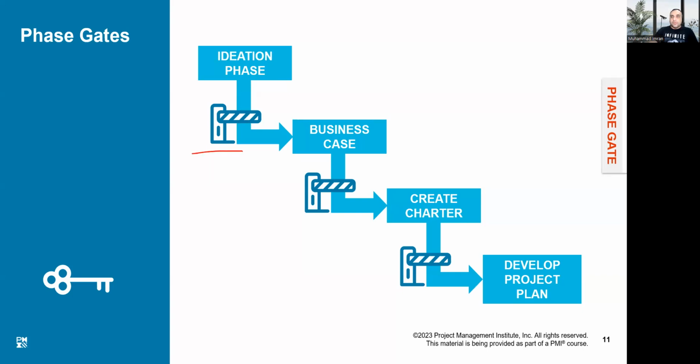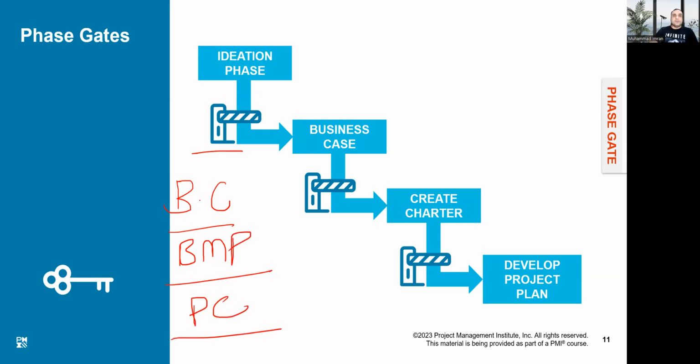When we are reviewing the phase gate, we are reviewing with the help of the business case, benefits management plan, and project charter. Every time we close the phase, we have to perform the same closure.